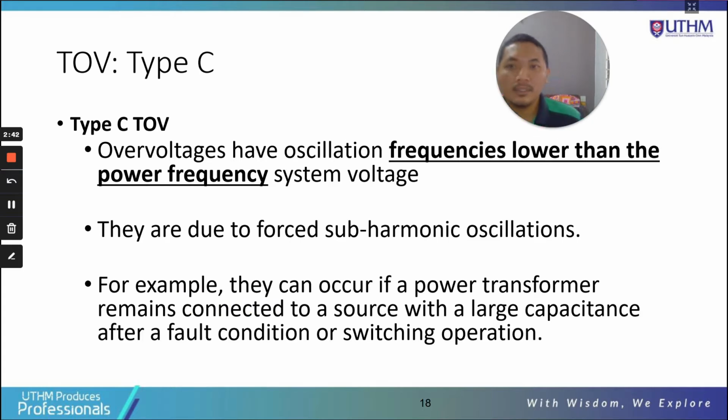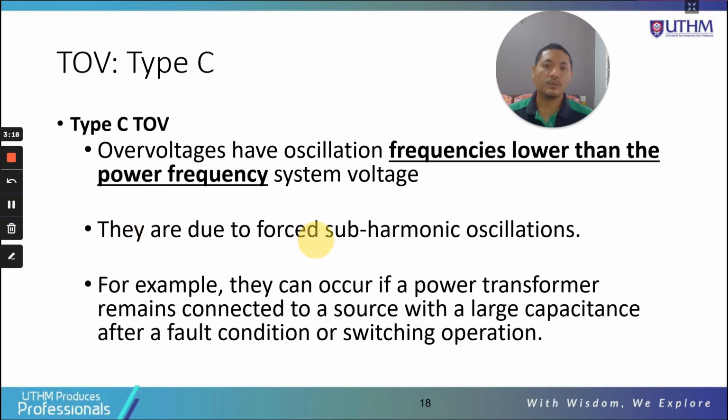And then type C temporary overvoltages are for frequencies lower than the power frequency. So we have three types: A, B, C. A is when the overvoltages appear near the power frequency, 50 Hz or 60 Hz. Type B is when the oscillation overvoltages appear at frequencies higher than the power frequency, and type C is when the overvoltage oscillation appears at frequencies lower than 50 Hz or 60 Hz.